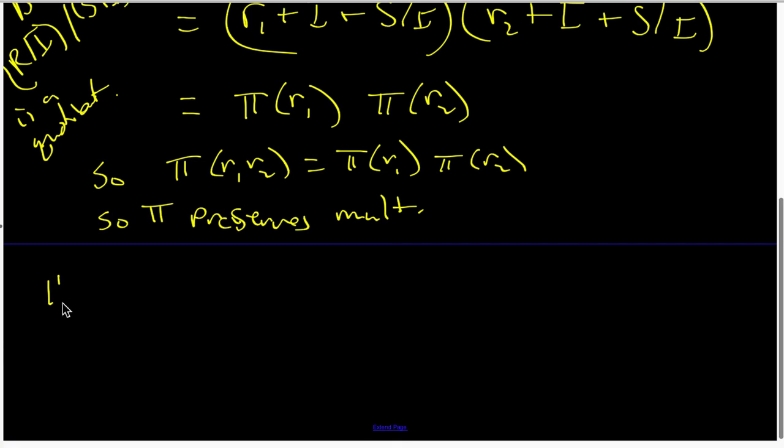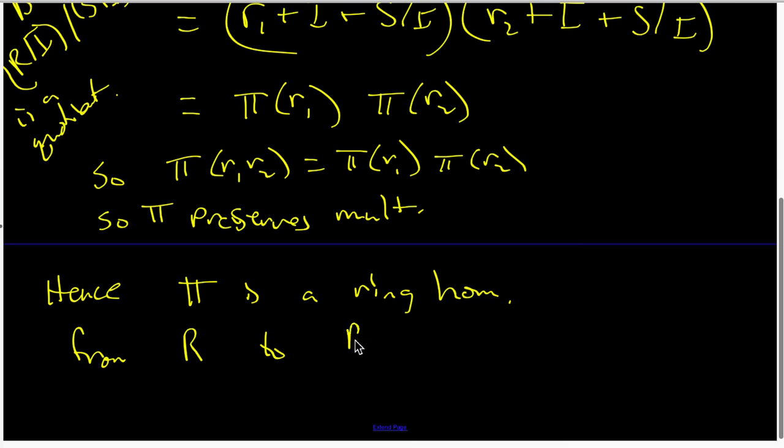And hence, pi is a ring homomorphism from ring R to R mod I modded out by S mod I. In the next video, we will look at whether or not pi is onto, and we will find the kernel of pi.